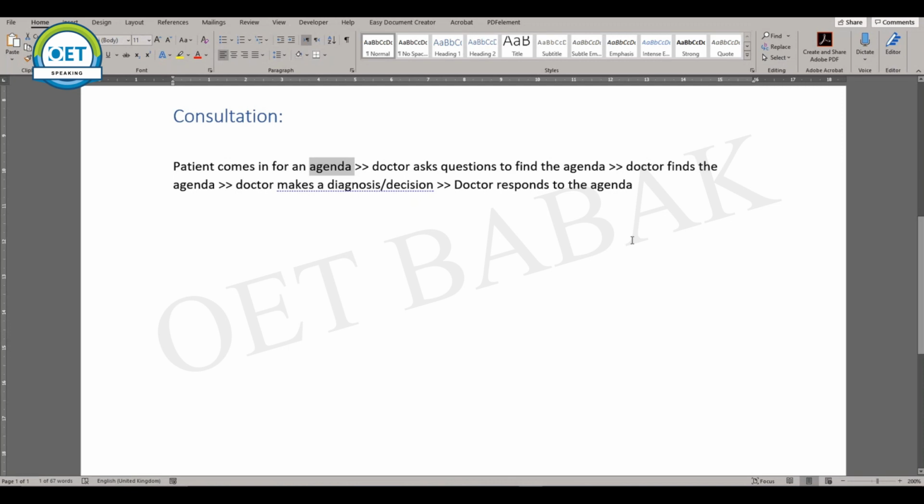Okay. So the patient comes in for a reason, and doctor asks questions to find this reason. When the doctor finds this reason, the doctor makes a decision or a diagnosis, and then the doctor responds to this reason. So explains. I'll give you an example.